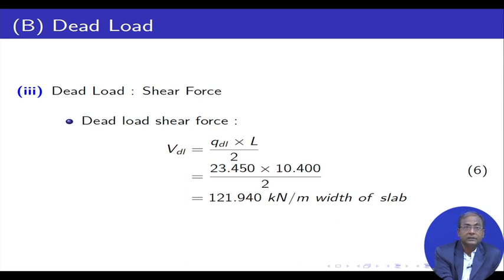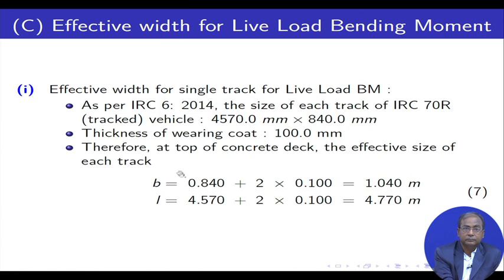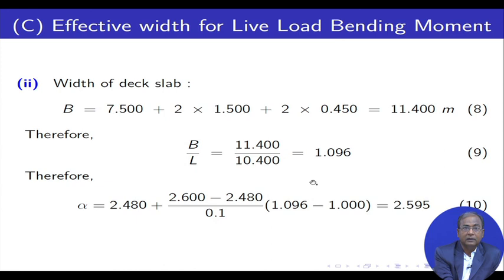The next question is coming into picture. This part there is no problem because we are going from the top of the wearing coat to the bottom one, on the top of concrete. So, we shall get the same one we are getting for IRC loading.